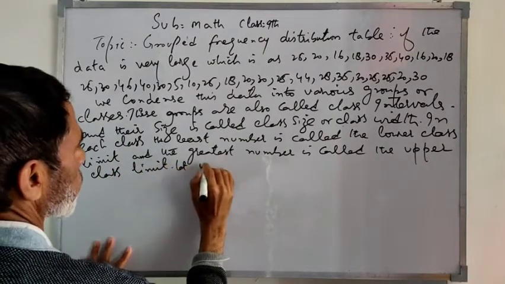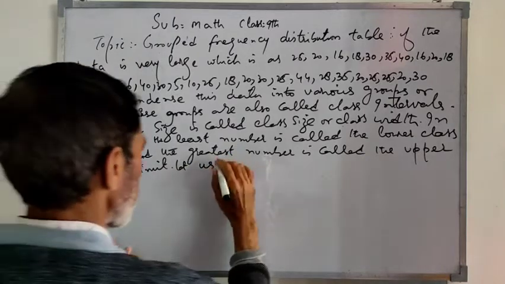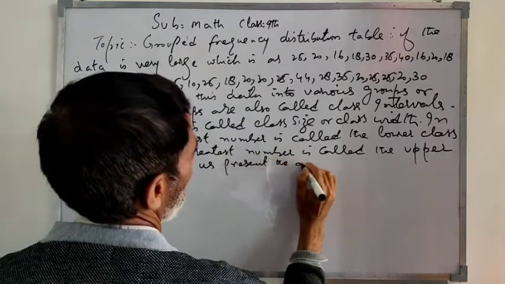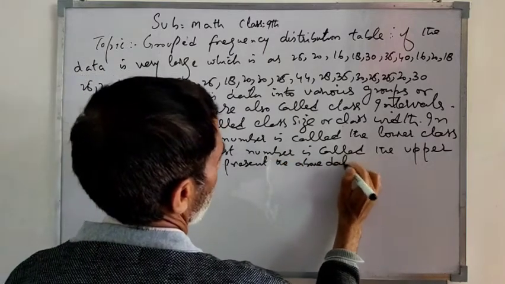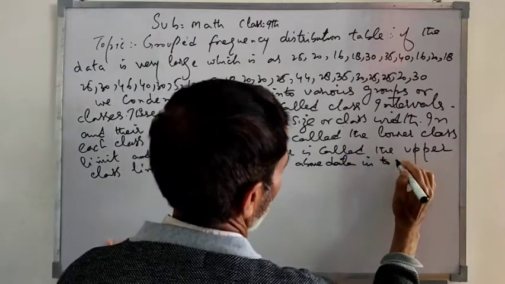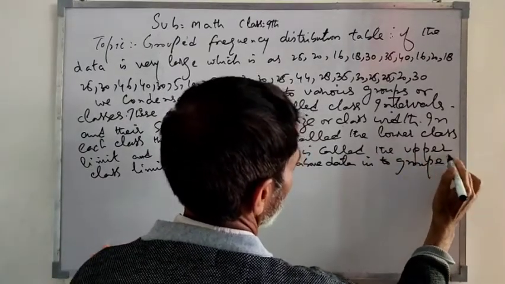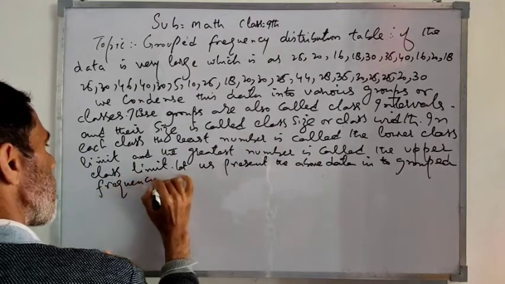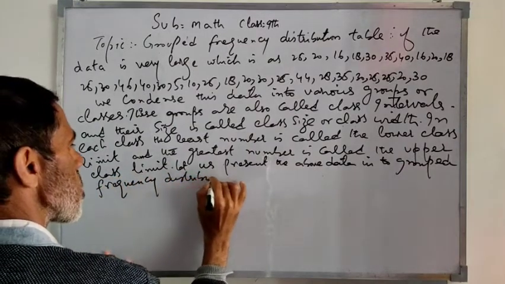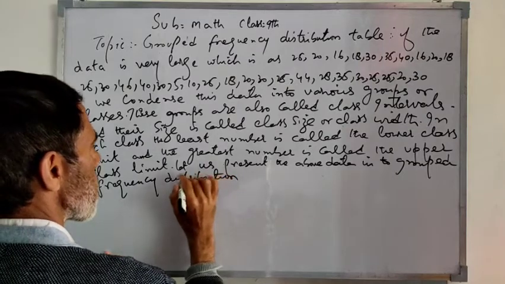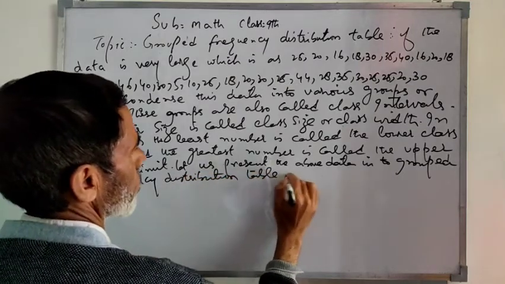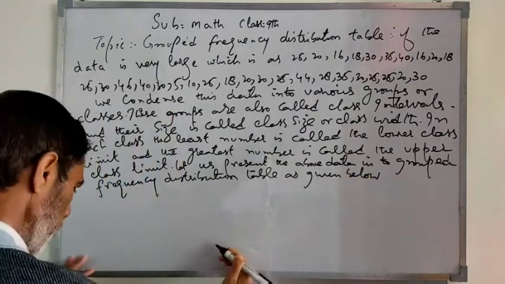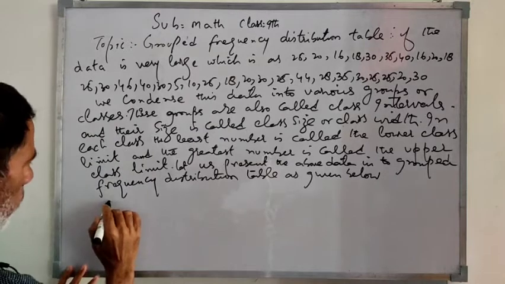Let us present the above data in a grouped frequency distribution table, as given below. First of all, we will make columns.